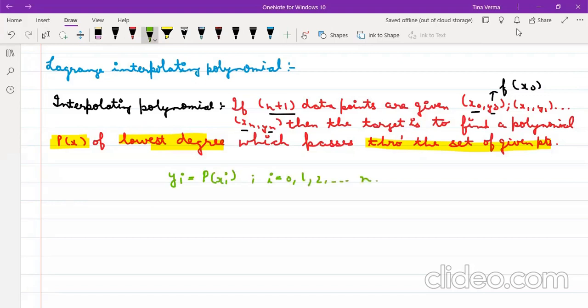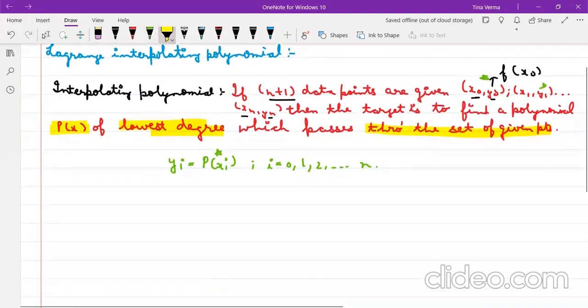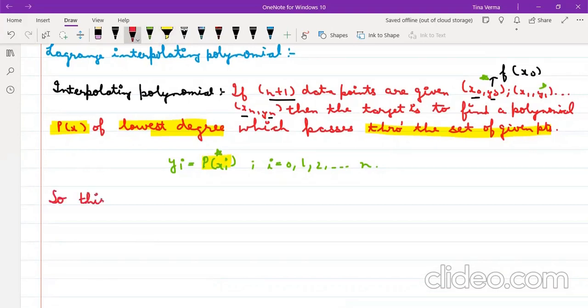So the polynomial will pass through these points. This polynomial p(x) is called the interpolating polynomial.